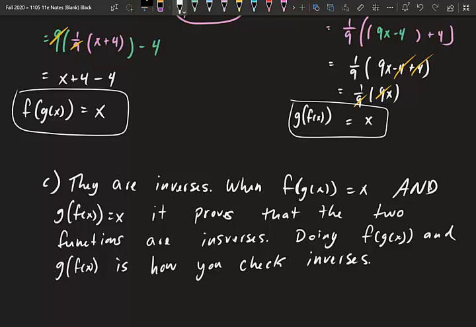So they are inverses. When f of g of x equals x and g of f of x equals x, it proves that the two functions are inverses. Doing f of g of x and g of f of x is how you check inverses.